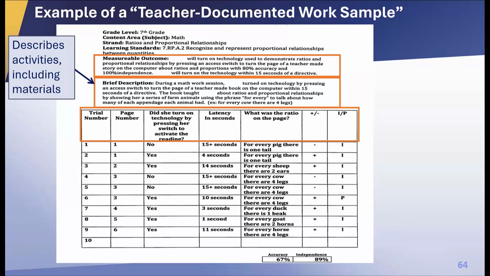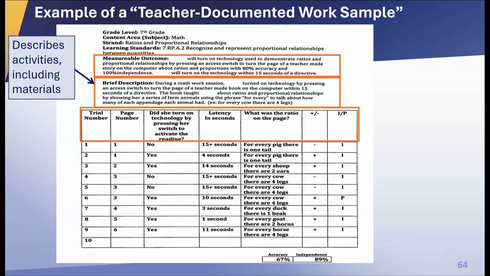And it says for the farm animals are the pictures, and they're using the phrase for every cow, there are 4 legs. Remember, the student is not doing ratio and proportional relationships. We're just documenting how this student is participating and turning on that technology during a content-based activity.